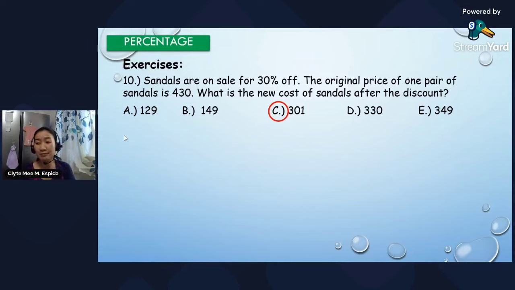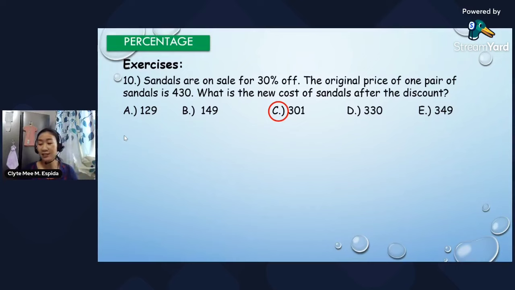Ma'am Amira's solution also works: since it is 30% off, out of 100%, you only pay 70%. So you take 70% of 430, and that is 301.